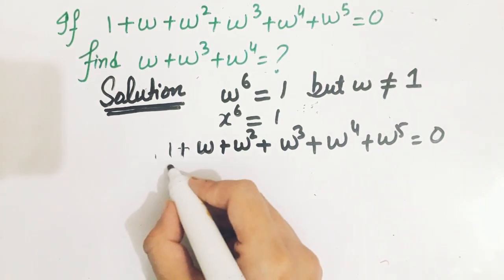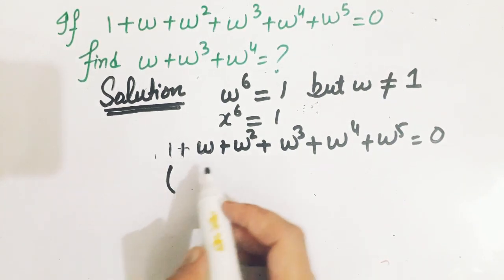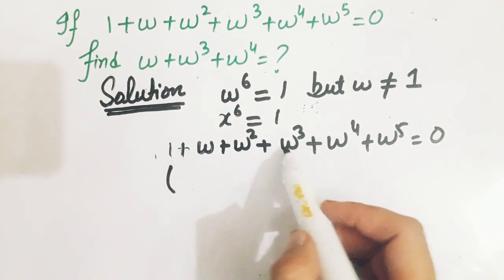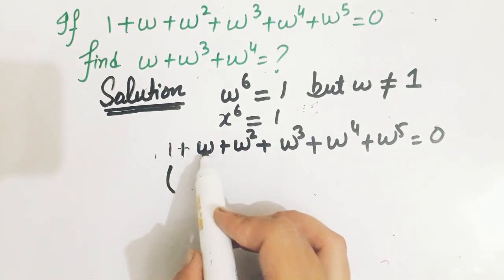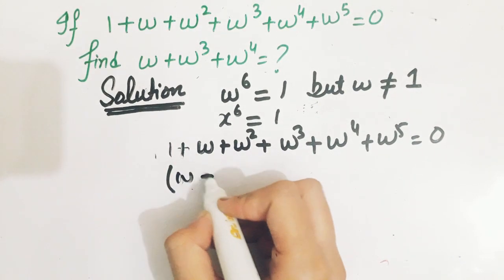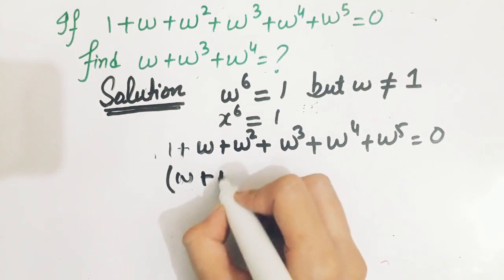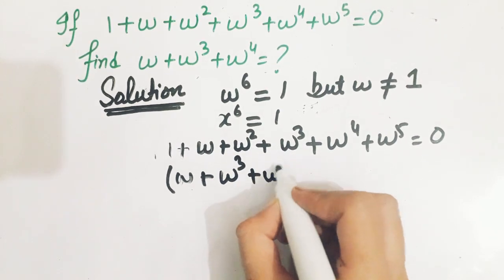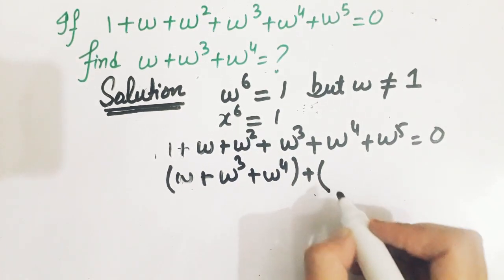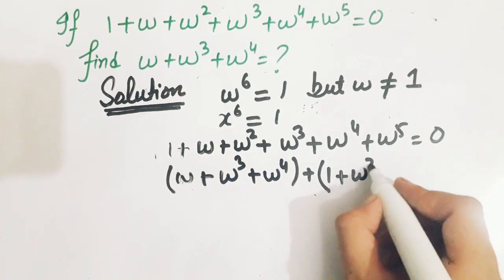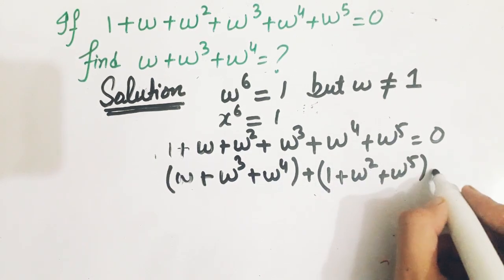Make the groups like this: omega, omega cubed, omega 4, plus 1, omega squared and omega 5 equals 0.